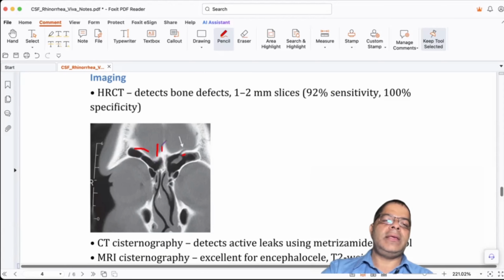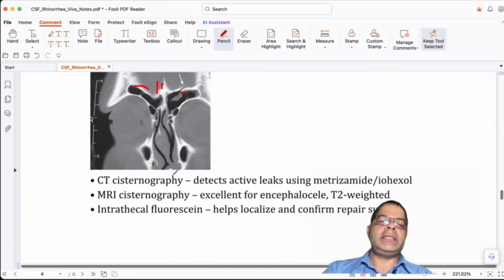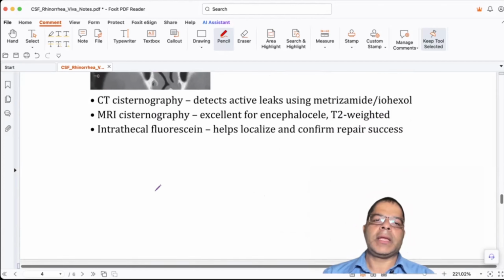This is the Kistageli. Then CT cisternography detects the active leak, which is important to see in case of surgery where we use metrizamide and Omnipaque. MRI cisternography, yes, we can do in T2 weighted, and it is excellent for seeing encephalocele.